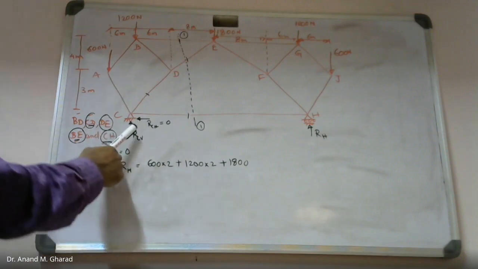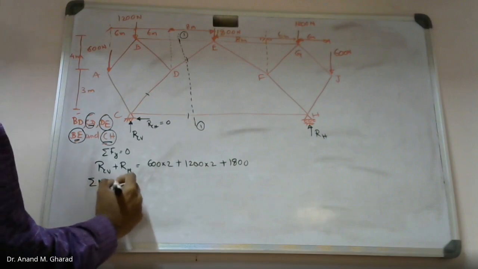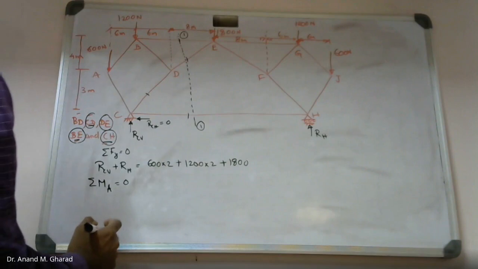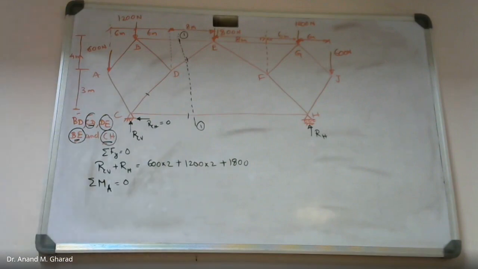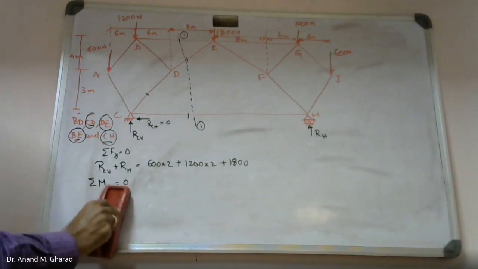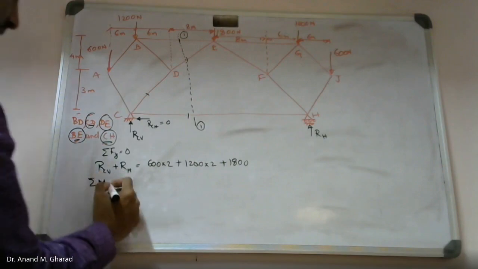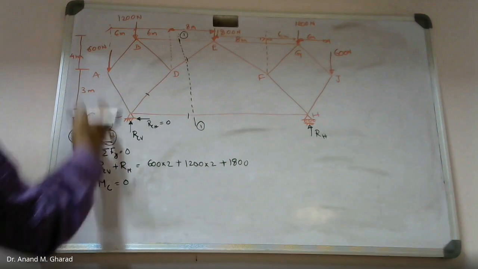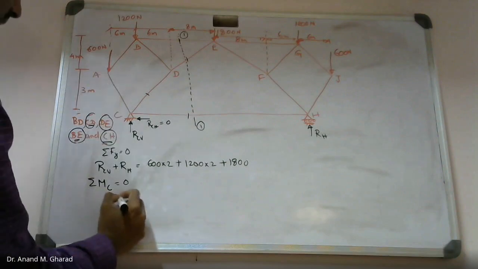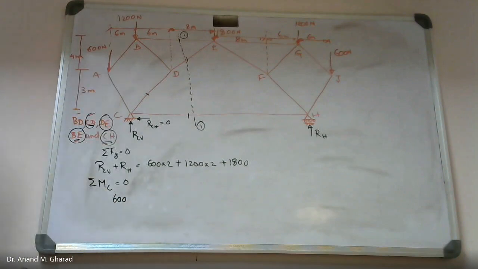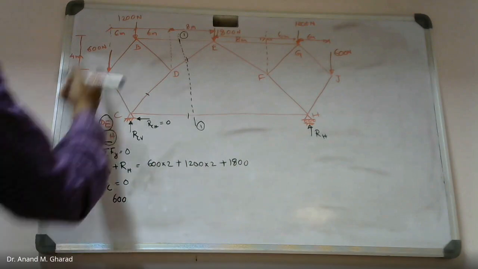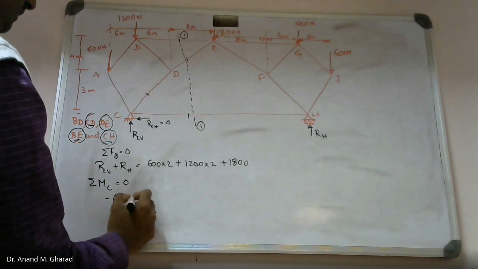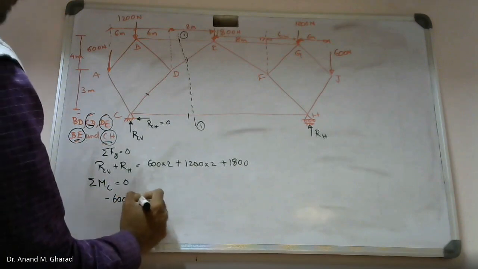Then you take moment about any point. Let's say moment about point C. If you take moment about point C, what you will have? 600, it is moving in the anti-clockwise direction, so minus 600 into 6.